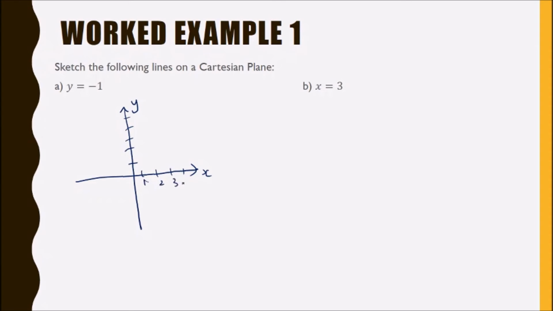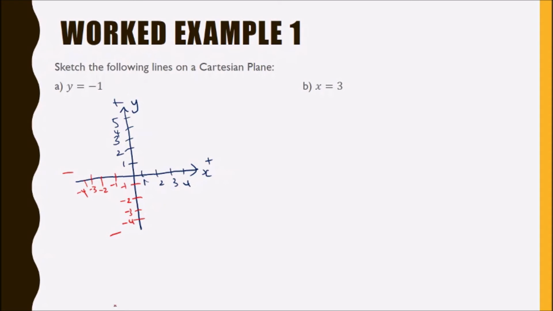You always need to remember that these sides are positive, going up and going to the right. I'll do the other side in a different color. The reds are negative, and these are positive.